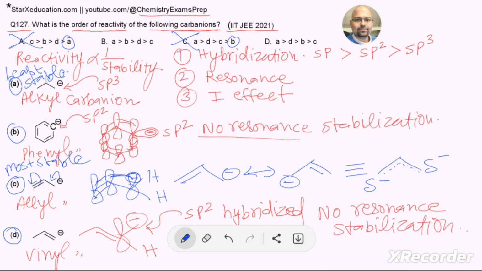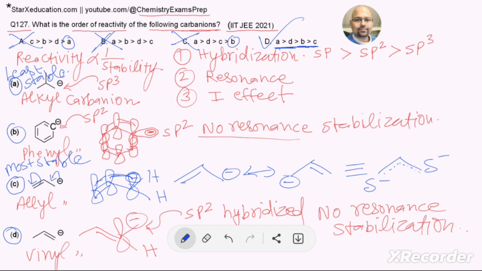Hence, the answer would be D, not B, because the vinyl is more reactive, and that's why the order of reactivity becomes A is most reactive, then D vinyl, then B, that is our phenyl, and finally C, which is allyl carbanion.